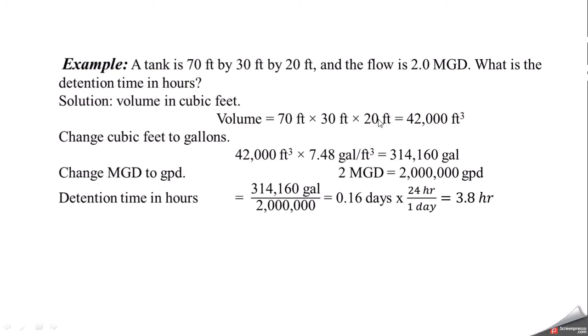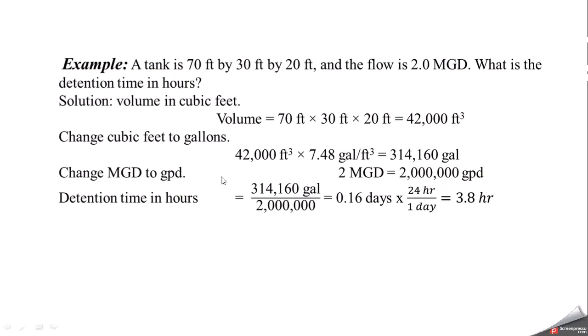We get 42,000 cubic feet. Then we change cubic feet to gallons by multiplying by 7.48, and we get 314,160 gallons. And by changing million gallons per day to gallons per day, we get this value.